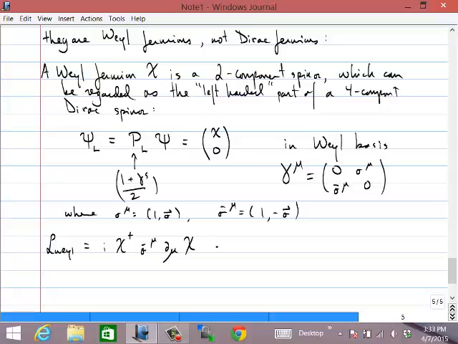And you could equally well write that in terms of Dirac spinors, as just the usual Dirac action, except where we insert a projection operator onto the left-handed part of our Dirac fermion. Given Weyl spinors, we can also write down a scalar.